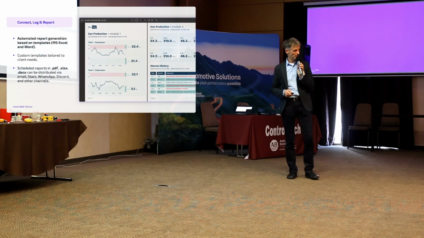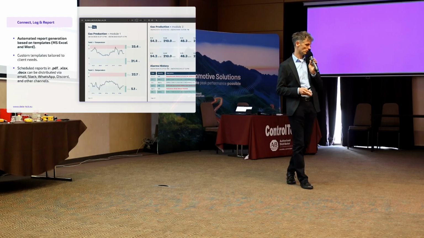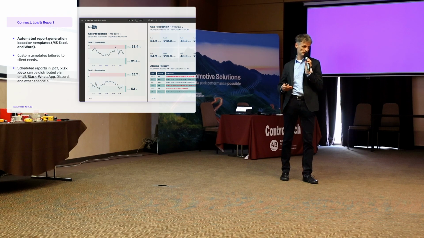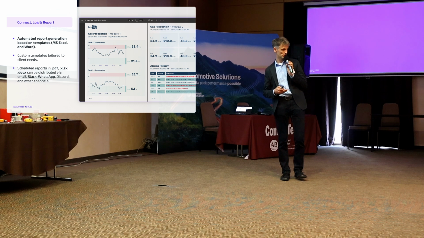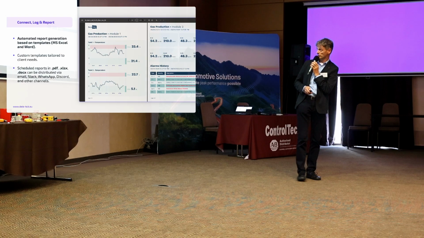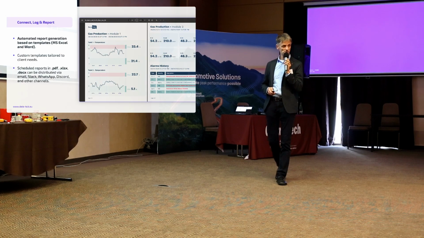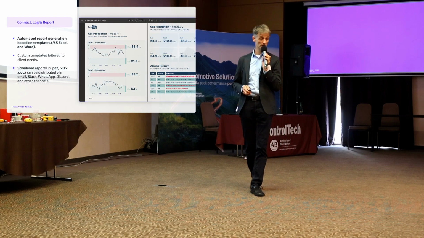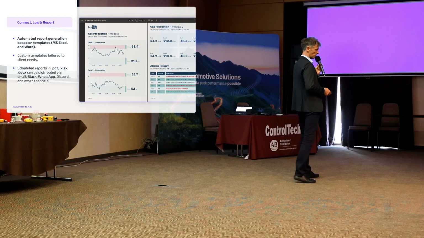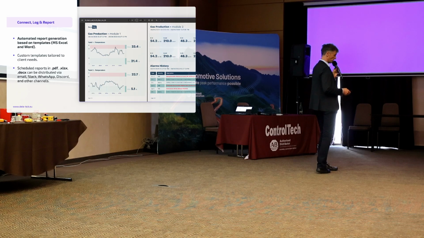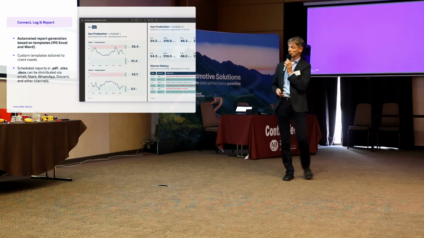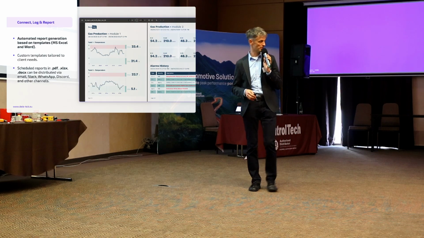So this was AI Alarms and Notify, just short about our 3 additional products, because as I said, AI Alarms and Notify are part of the platform DataTalk. Another product which we released recently is Connect, Log and Report, and it's a very easy way to do reporting. The way it works is you create the report in MS Excel or in MS Word as a template, then you link this template with the data, and the output is a generated report.